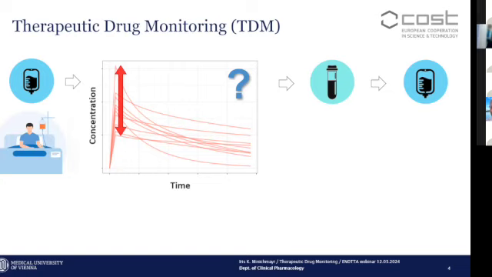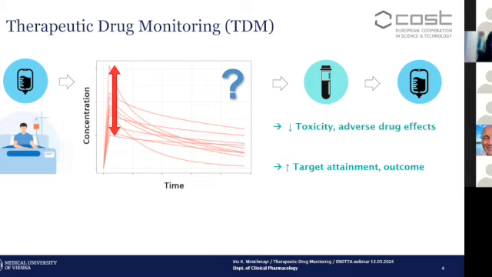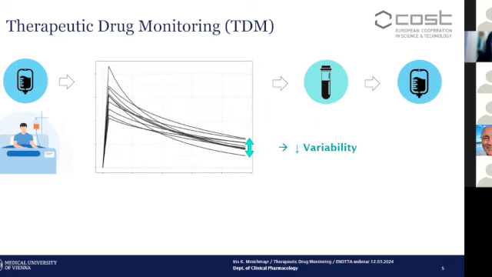And if the concentration is too high or too low, we can adjust the dosage to prevent adverse drug effects and to ensure effective concentrations. So individualization of the dosing in this way ideally reduces the variability in exposure between patients.